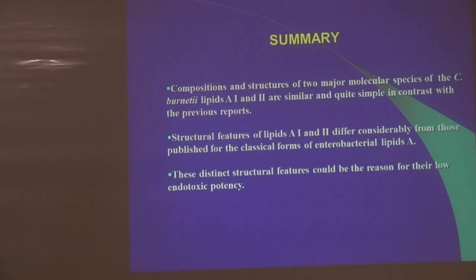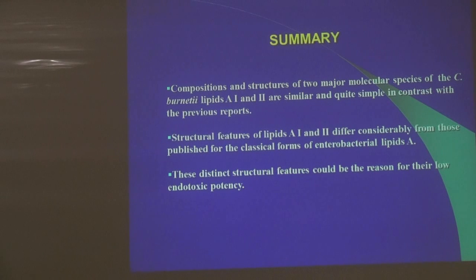So when we summarize, the composition and structure of the two major molecular species of Coxiella burnetii lipid A and lipid A are similar. That was in the previous report, because as I said, these are highly cryptic molecules, they can change after phase variation.